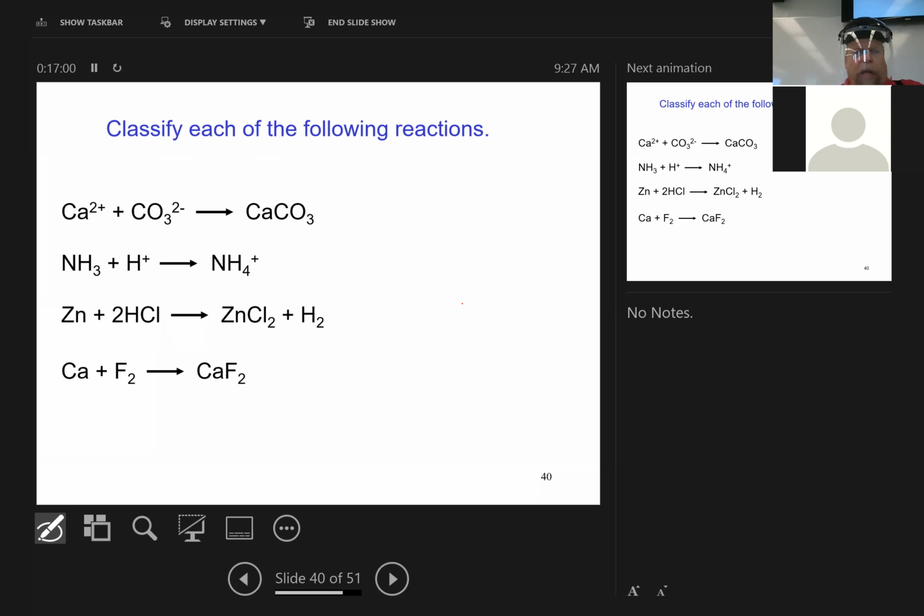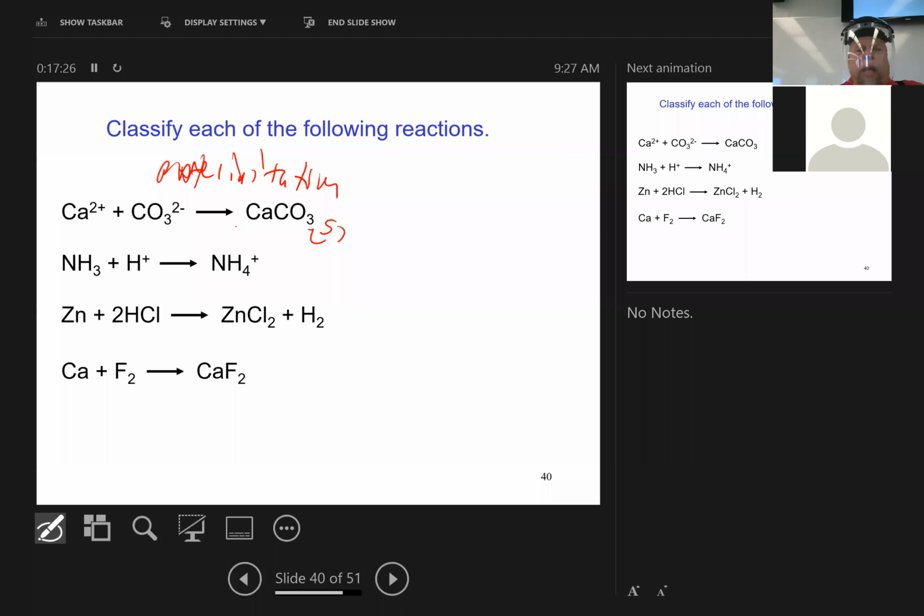Okay, and basically there. Now classify each of the possibilities there. Let's classify them. What is the first one there? This is to form a solid. That's a precipitation reaction, okay?